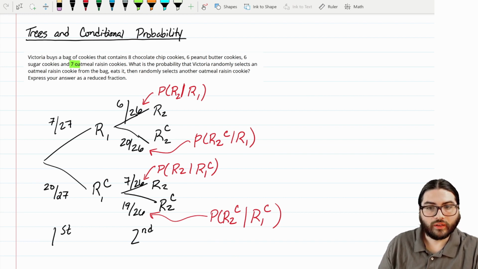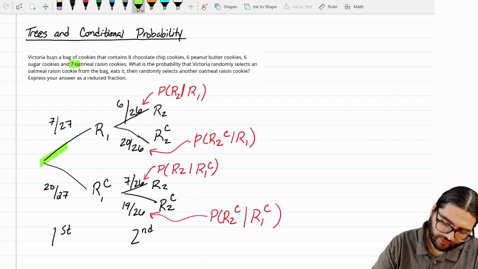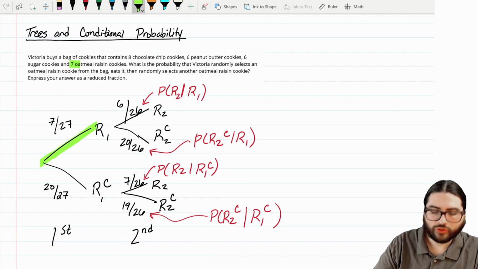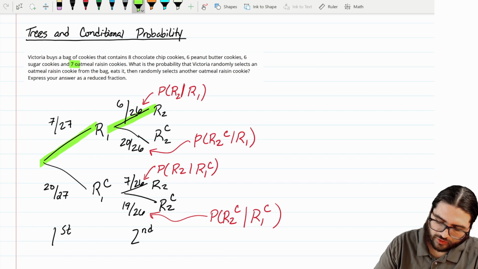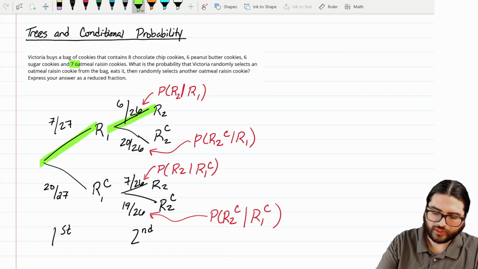Let's get back to the relevant question. We wanted to know what's the probability that I selected a raisin cookie on the first try, ate it, and then get another raisin cookie on the second try. I think that is this path in my tree. Raisin cookie on the first try, raisin cookie on the second try. So I have highlighted the relevant path in my tree.